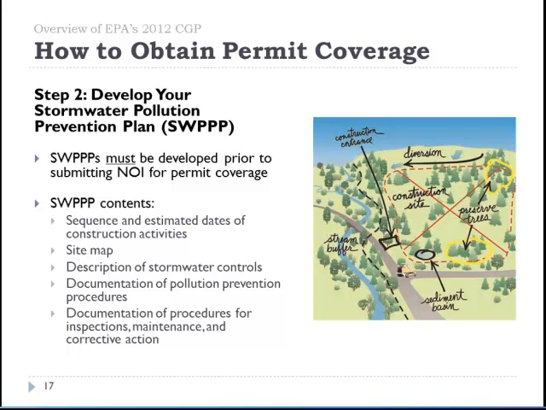Let's just take one more question since you were just touching on them. The ESA and historic properties requirements, are those unique to EPA's CGP, or do those also apply in state-issued permits? This is unique to EPA as a federal agency's requirements.